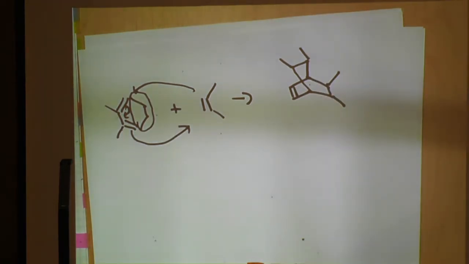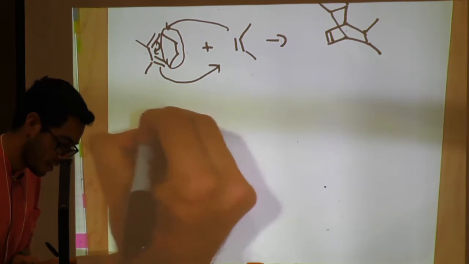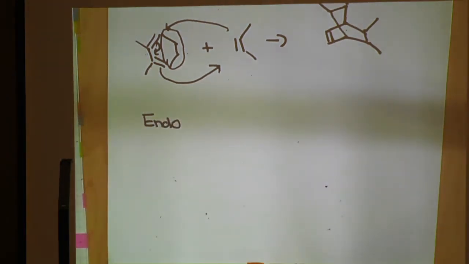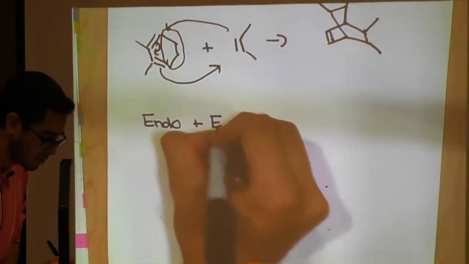All right, so like Matt said, let's talk about the endo and exo products, because depending on the stereochemistry of the substituents on the dienophile, that's going to determine whether it's endo or exo.